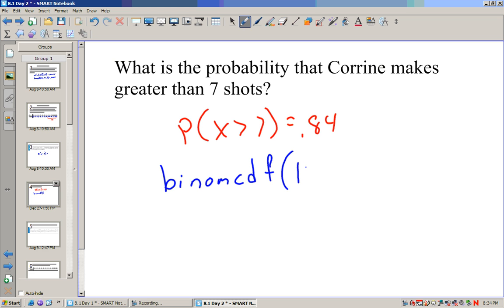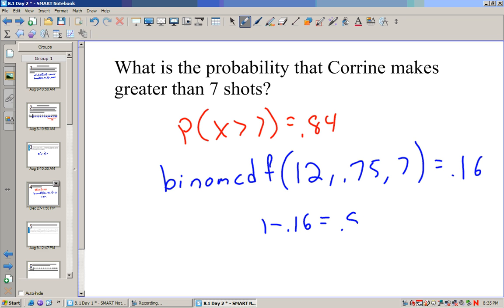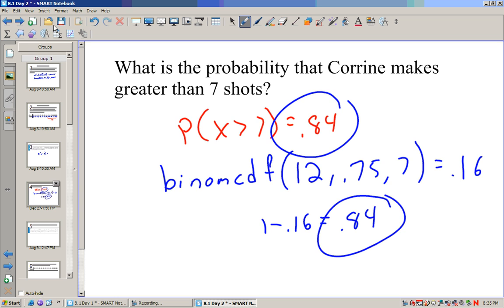If I do 12, comma 0.75, comma 7, that will give me 7 and below. And so what I got for an answer here is 0.16. So if I take 1 minus 0.16, that'll give me everything above 7, which is 0.84. It's the same number we got up there.